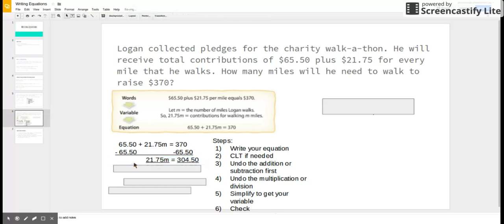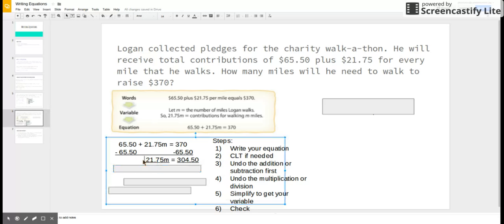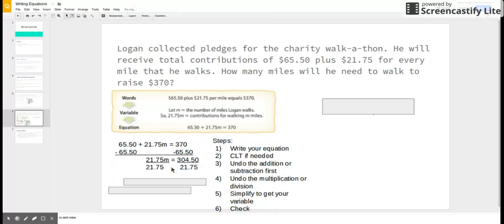Now we're left with 21.75 M is equal to 304.5. Now, M is being multiplied by 21.75, so now I'm going to divide both sides by 21.75. And then I'm left with M equal to 14. And if I'm not sure, I could go back and check my work. 65.50 plus 21.75 times 14 does get me 370.